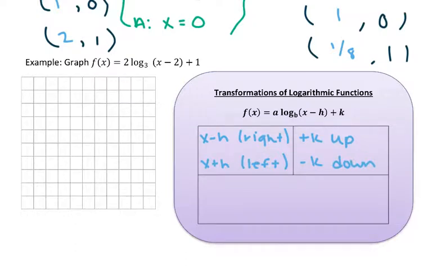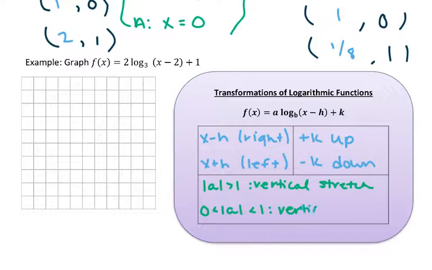All right. Your a value, if your a value is larger than 1, it's a vertical stretch. If your a value is between 0 and 1, again, it will not be 0, it will not be 1, then that is a vertical shrink or compression.